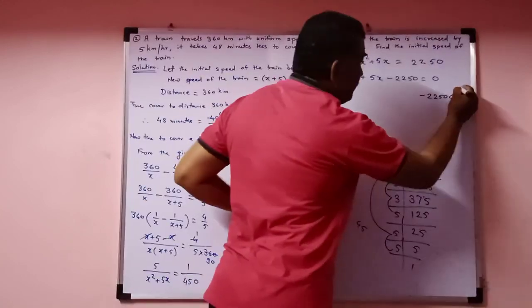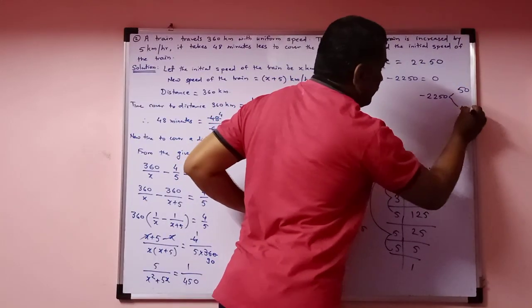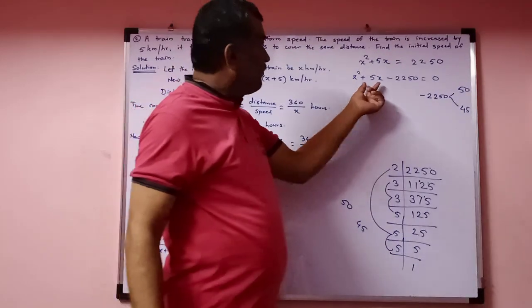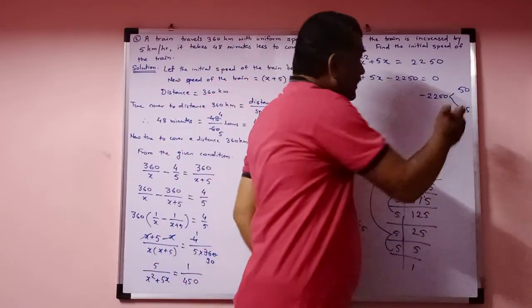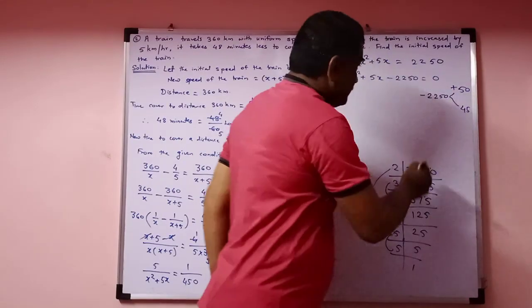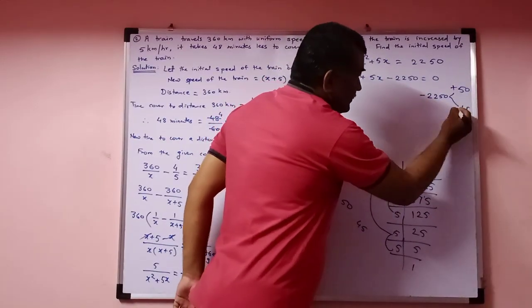Means 50 and 45. The sign of the middle term is plus, so the sign of the bigger number is plus, and the other is minus.